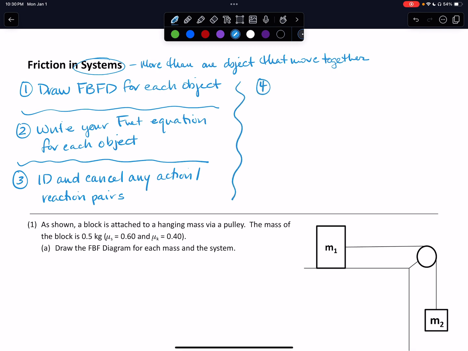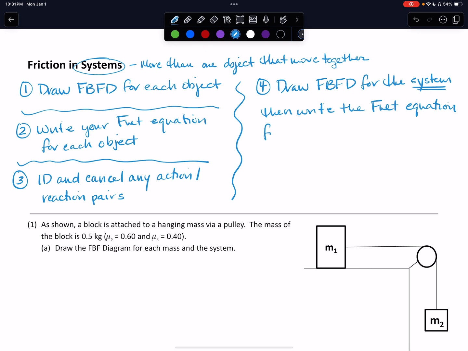All right, once you've done that, you need to draw your free body force diagram for the system. Not each individual object, but for the system. And then write the net force equation for the system based on that free body force diagram.